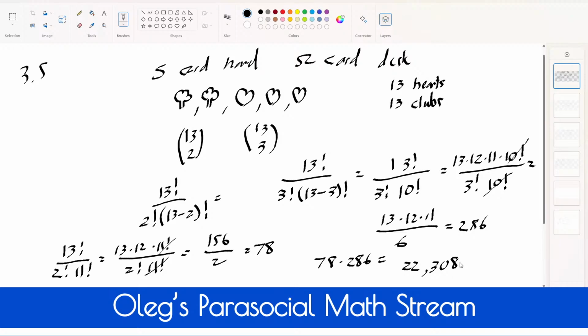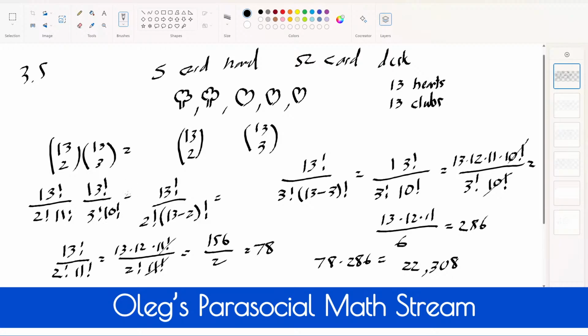And you can also write it like this. You can go just 13 choose 2, 13 choose 3. And then you can write them like this: 13 factorial over 2 factorial 11 factorial, times 13 factorial over 3 factorial 10 factorial.